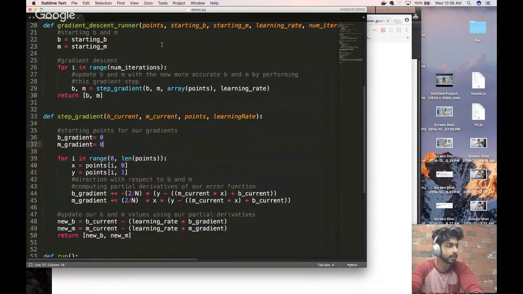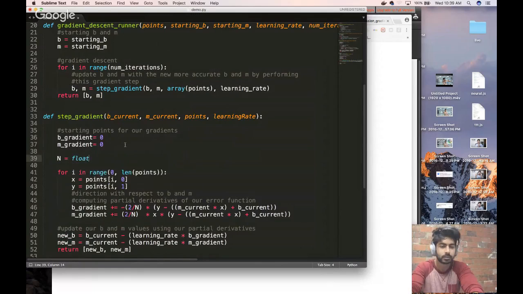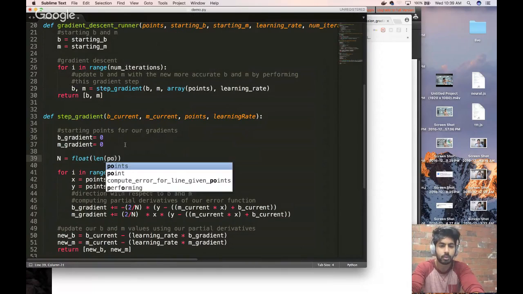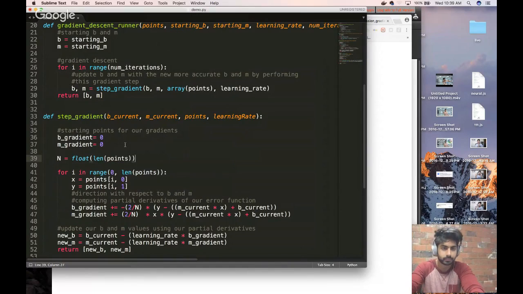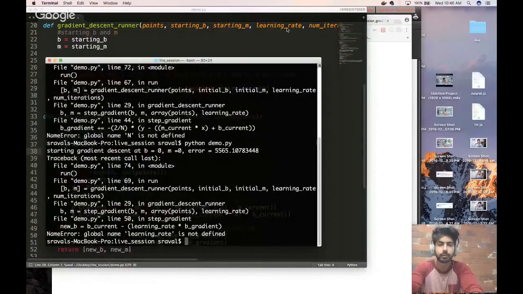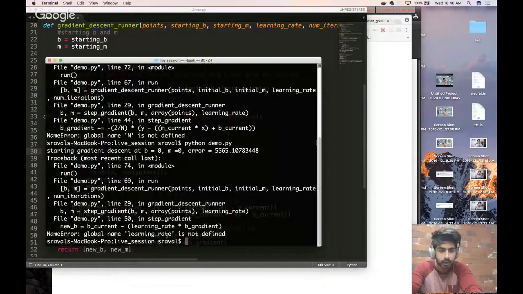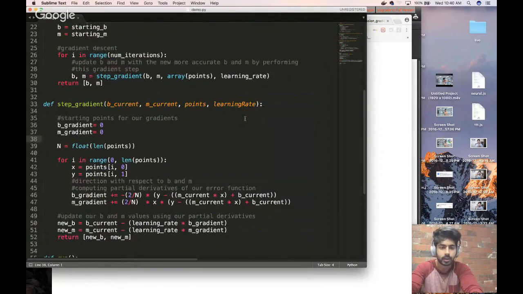Global name n is not defined. Okay. Oh, right. Guess what? I didn't define n. N is the number of points. Length of points. Okay. So let's go. Learning rate is not defined. Where is learning rate not defined? Oh, wait a second. Oh, yeah, right. Learning rate.